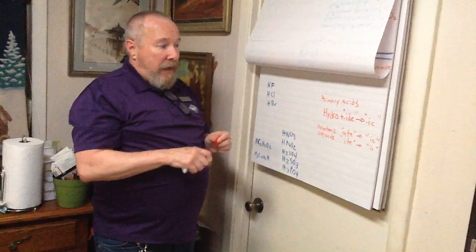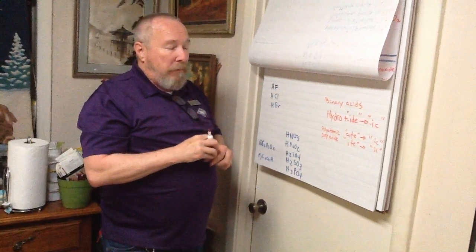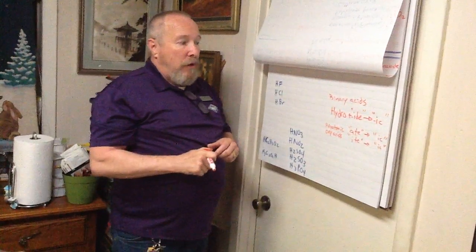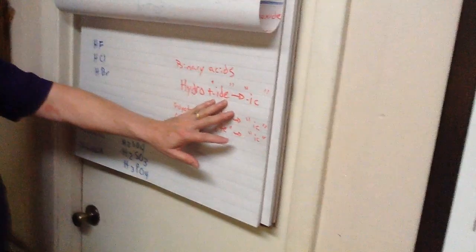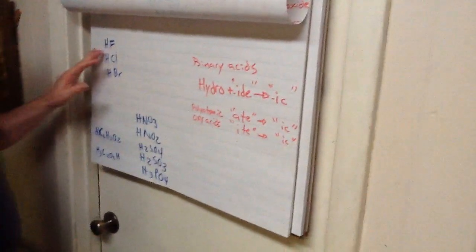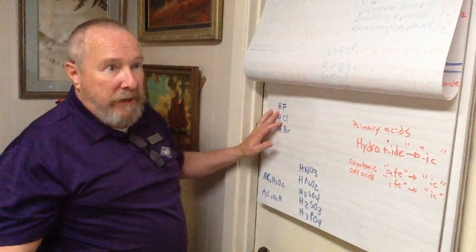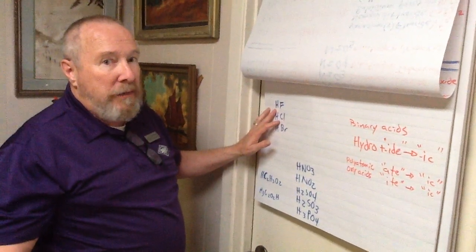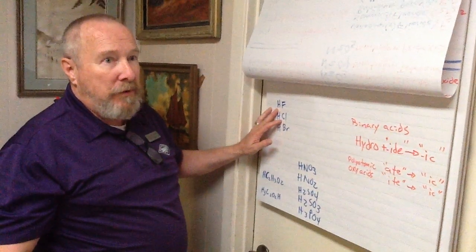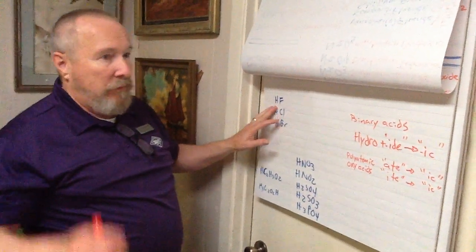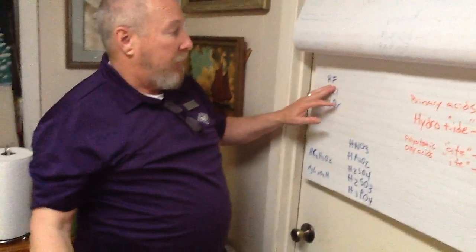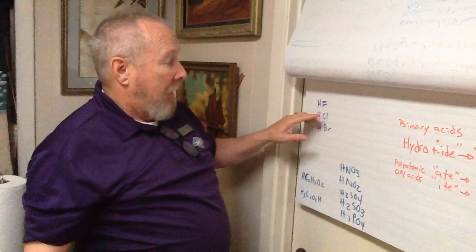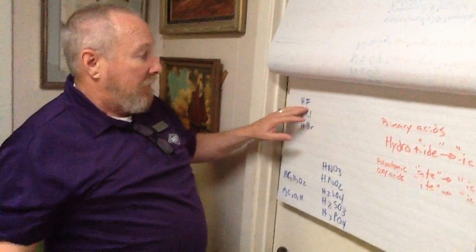Okay? And if you're talking about a simple binary acid, you add hydro to the name and change the "ide" to "ic." So, for example, if I have the compound hydrogen fluoride, it's a highly polar covalent compound, but as soon as I put it into water, those dipoles in the water give me some dipole-dipole interaction, and this actually is so polar covalent that this is an acid.